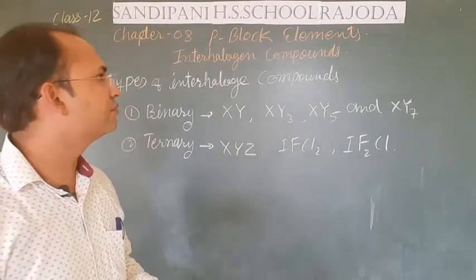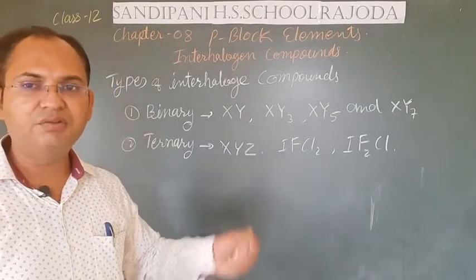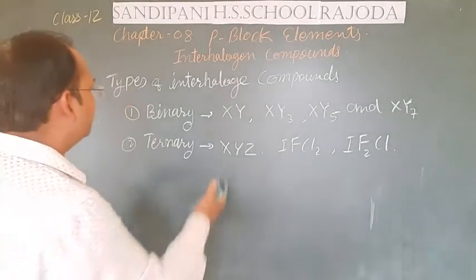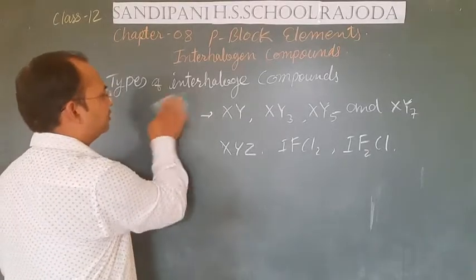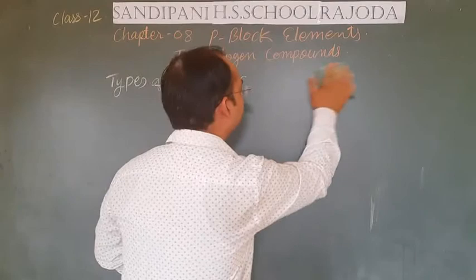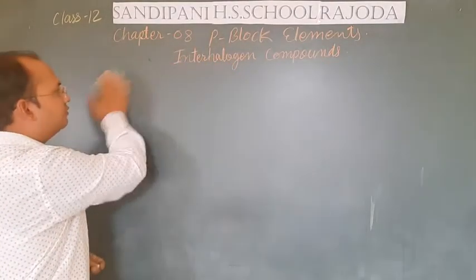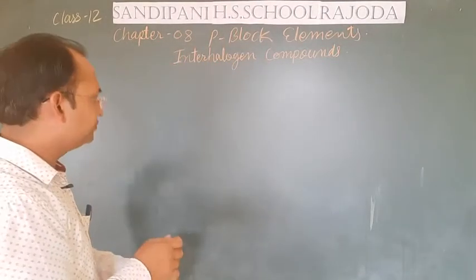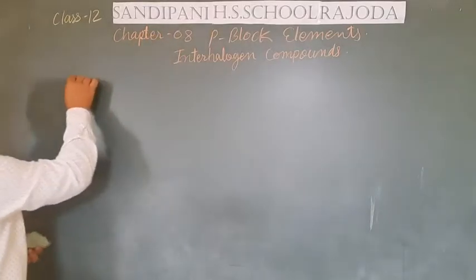Now students, let's see their method of preparation, that how the interhalogen compounds are prepared. Remember, these are of two types, binary and ternary. Binary are of two types. Now preparation method.